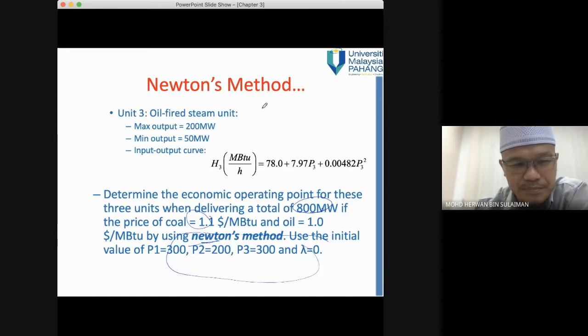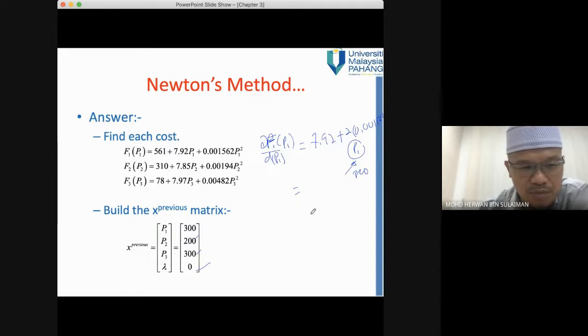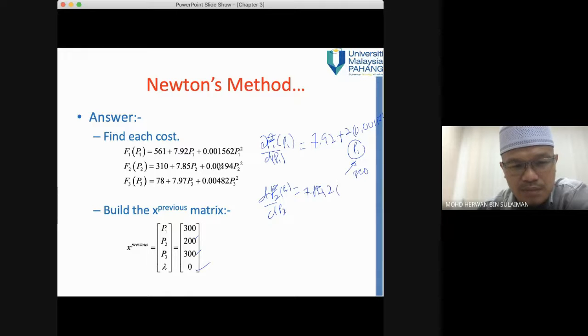Cuba kira. Ni sama juga. So dapat tu dF2 P2 with this dP2, bezakan dapat 7.85 tambah 2 darabkan dengan this value, and then P2 ni masuk 200. So you akan dapat this value lah.